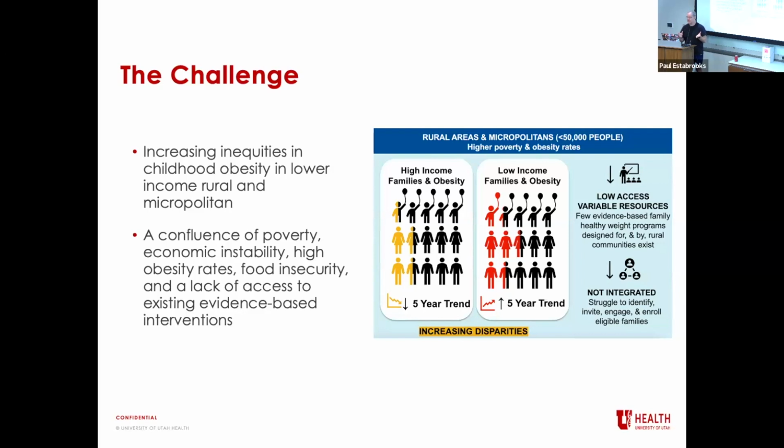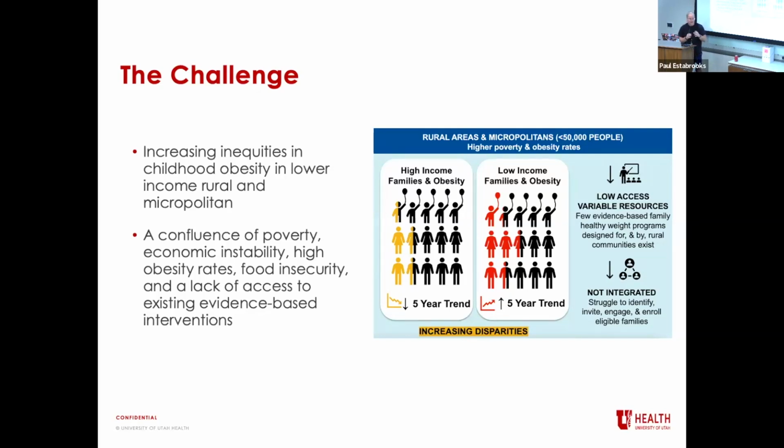And the second thing is that, particularly in rural communities, there tend to be fewer contained resources to deliver an interdisciplinary family healthy weight program. So you don't typically have a big clinical partner. You may have a clinic, but the clinic might just have a couple of primary care providers, maybe a couple of pediatricians, a nurse, but they don't have everything that is typically suggested for evidence-based family healthy weight programs.